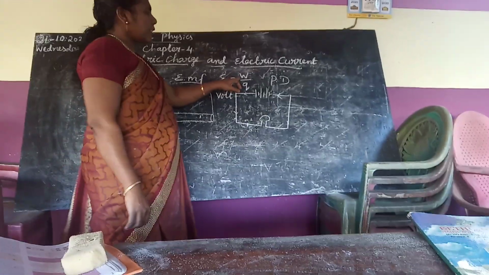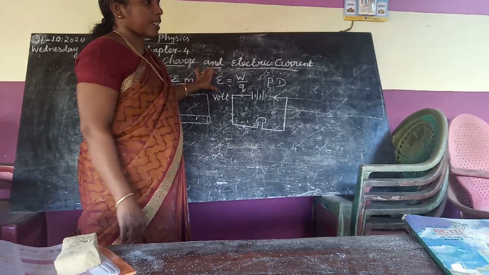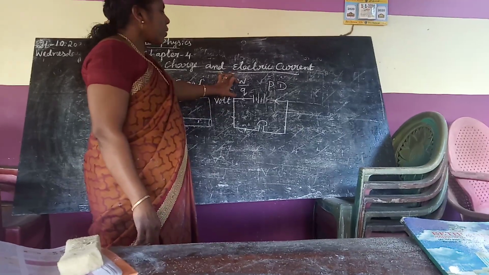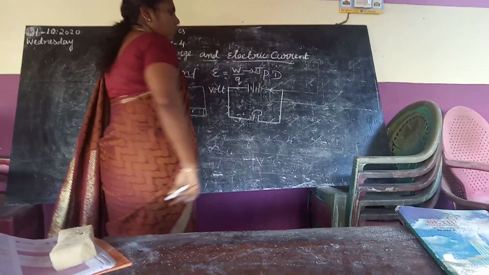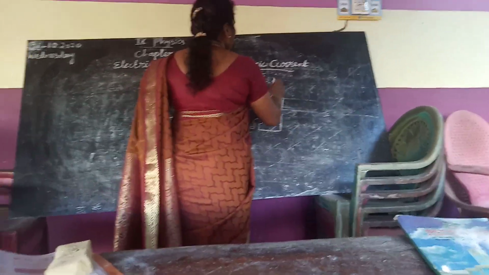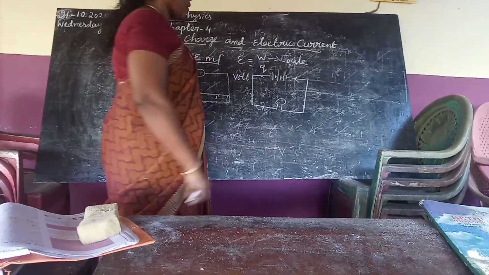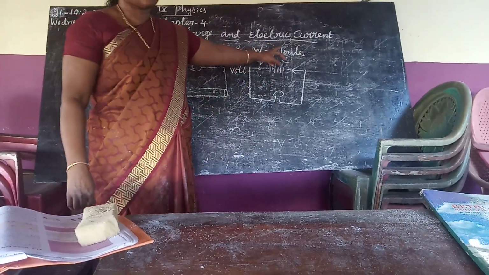Now we can study the units. EMF unit, volt. What is the unit of work done? Joule is the unit of work done, and Coulomb is the unit of charge.